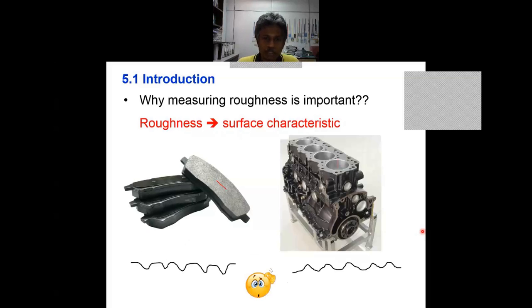Now what will happen if we design it in the reverse manner? Let's say we have another engineer who's always absent from class. He designs a brake pad like this, and then he designs this engine like this. What will happen? Anybody?